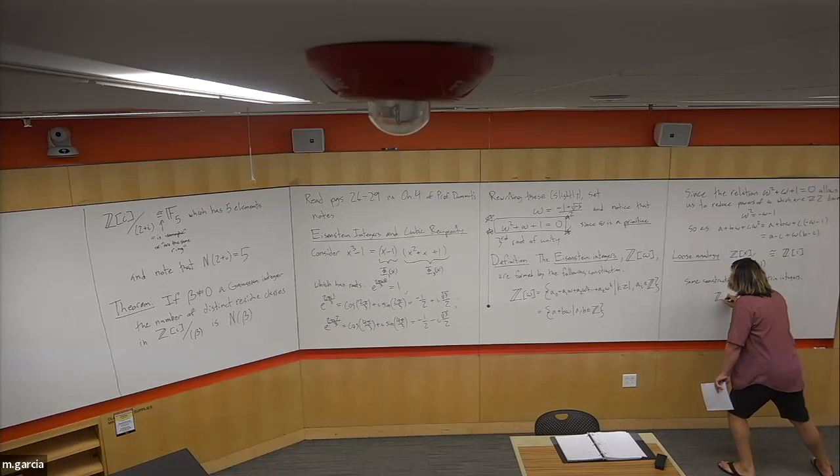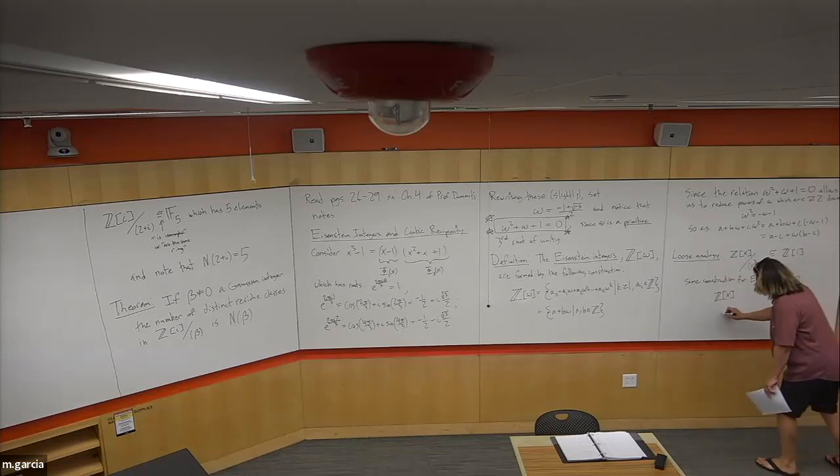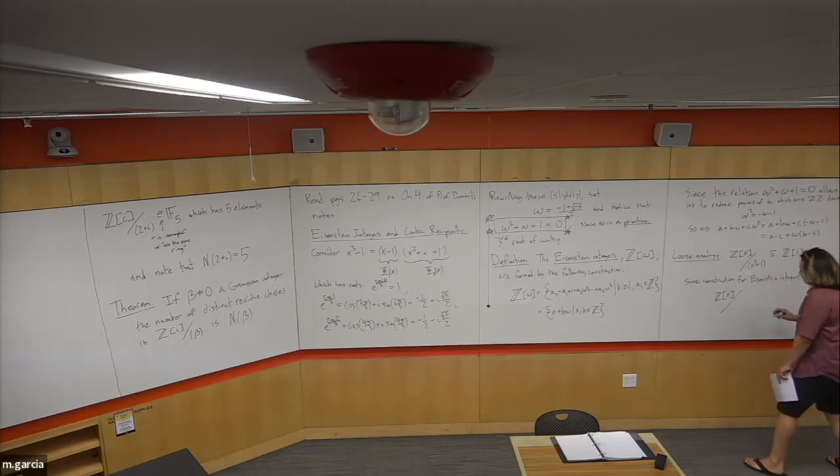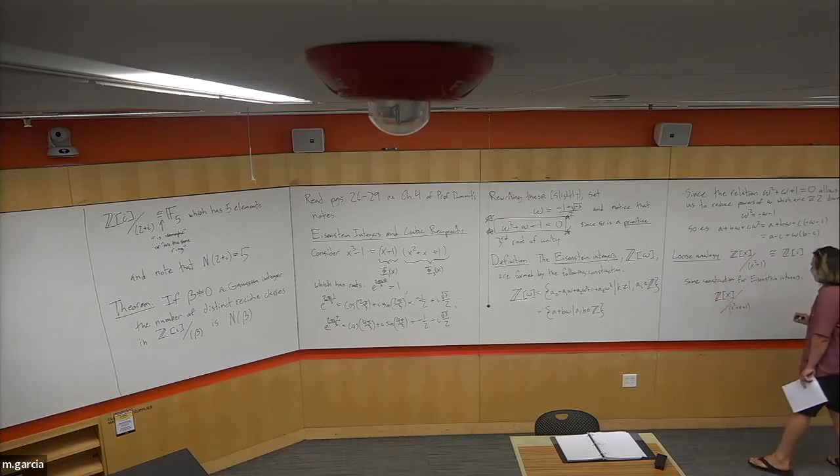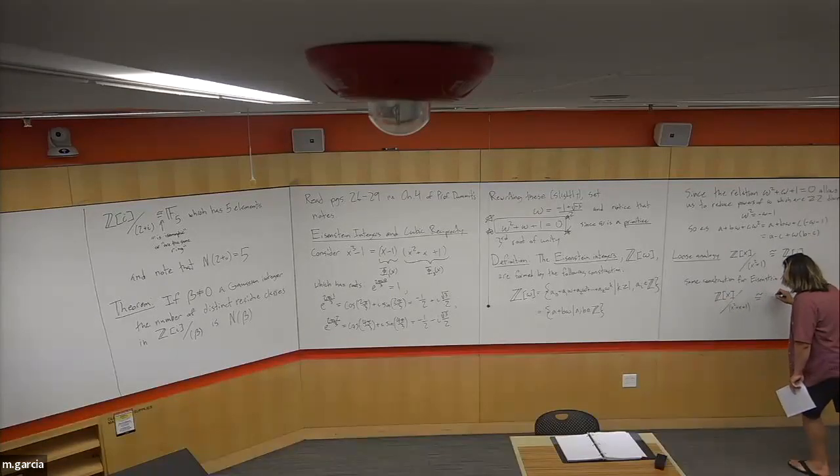We take the ring of polynomials with integer coefficients, and if we mod out by the polynomial x squared plus x plus 1, we get the ring Z adjoin omega.